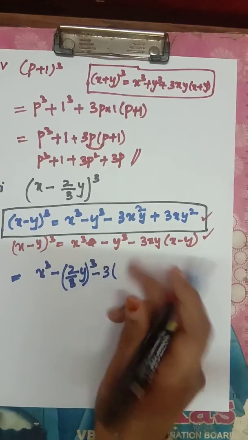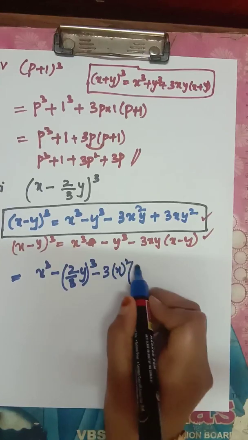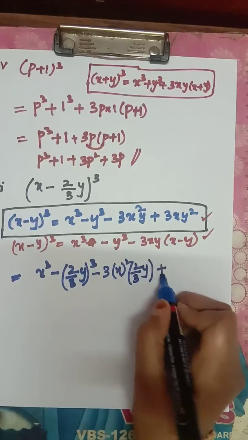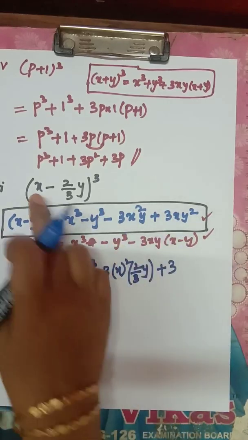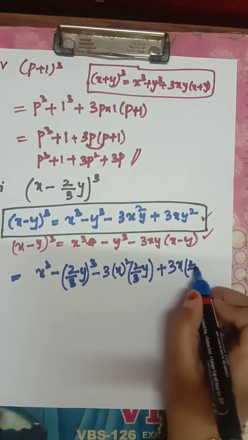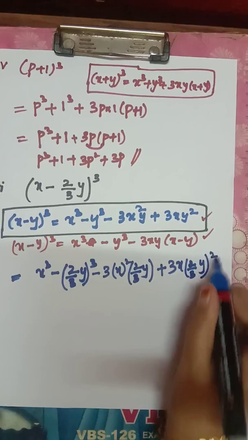minus 3 into, again in the place of x only, that is x square, in the place of y 2/3 y, plus 3 into, again in the place of x is x, in the place of y is (2/3 y) whole square.